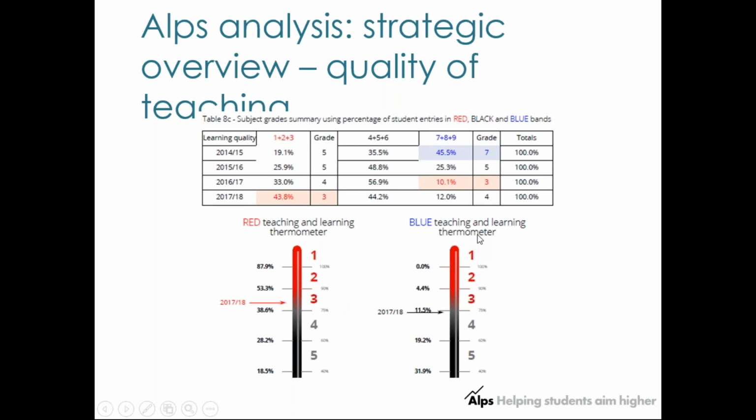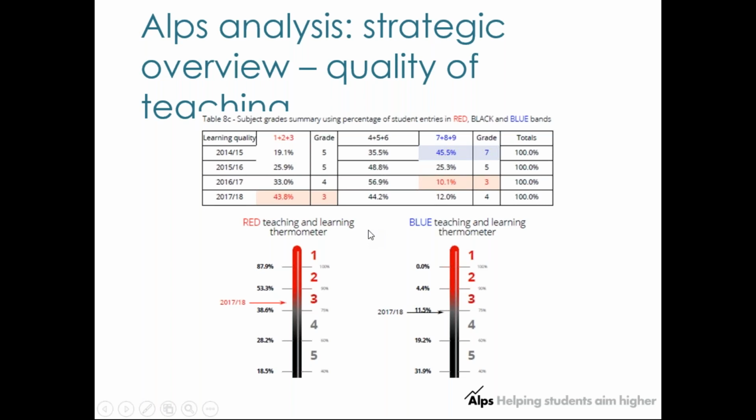Your blue teaching thermometer is telling you subjects which are colored blue, which find themselves in the bottom 25%. So we're looking at the volume of good teaching and learning that students get, and we're looking at the volume of poor or less good teaching and learning that students get.